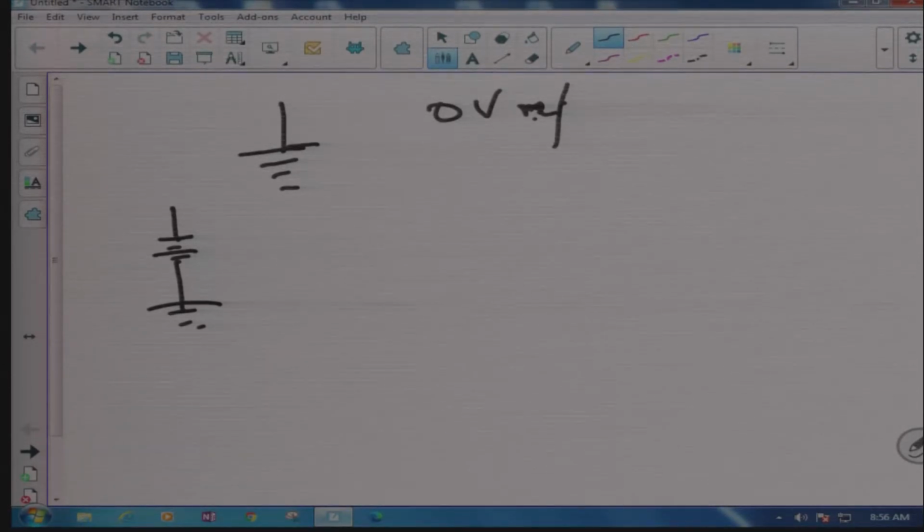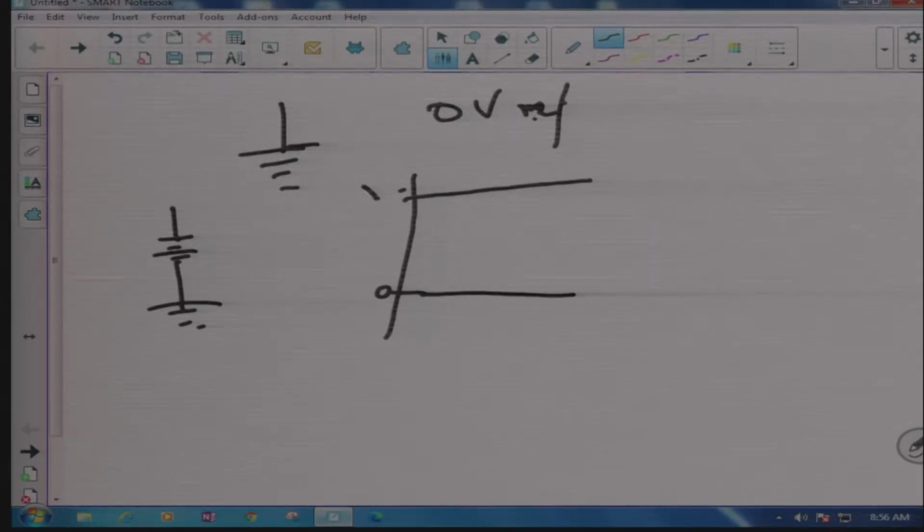This reference point tells us that. If we were to look at our voltage on an oscilloscope, it would be something of this nature. That would be our voltage here, which is the source, meaning that it's positive.